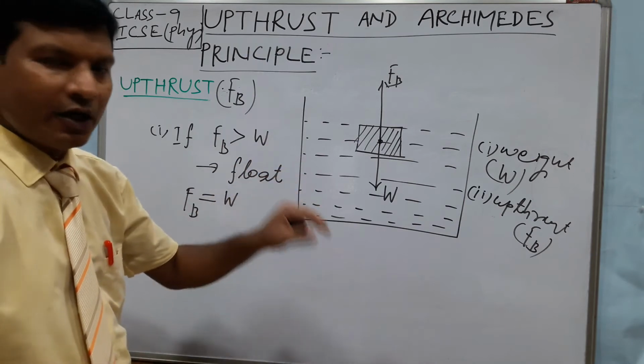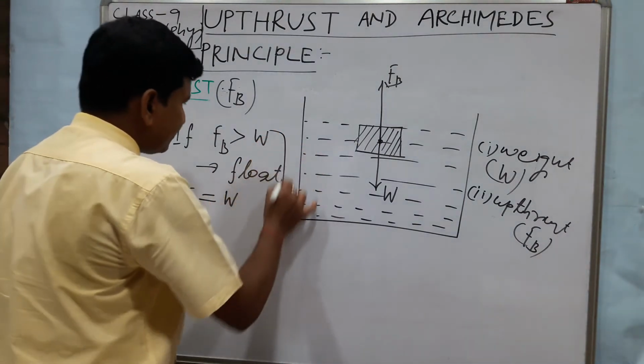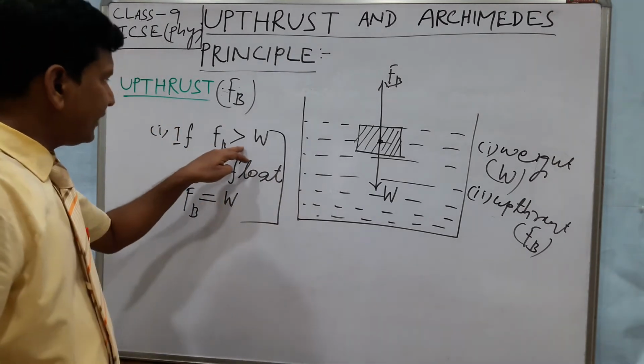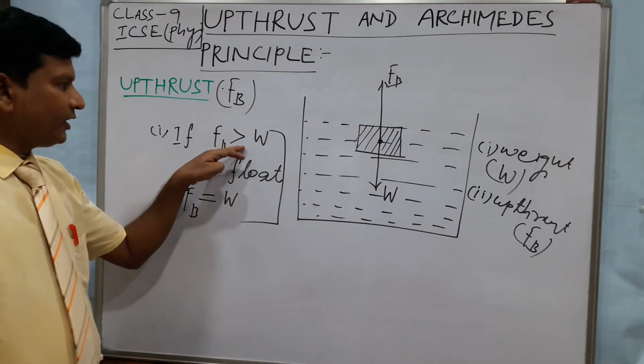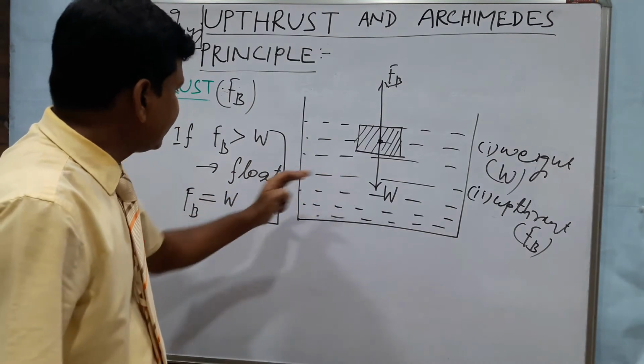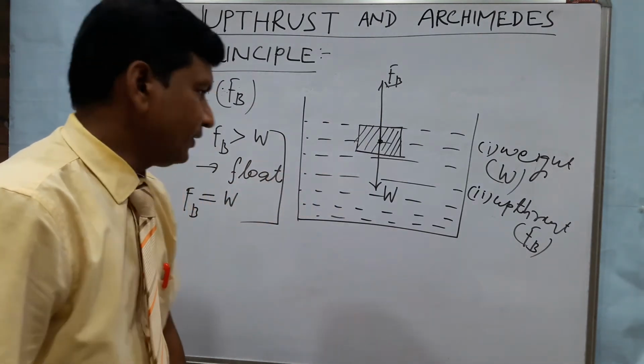The body will not sink at this moment. So in these two cases the body will be floating. In the first case the body floats above the surface of the liquid, but in this situation the body floats inside the liquid.